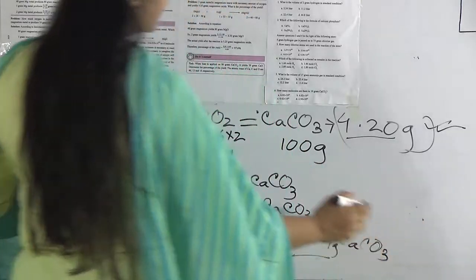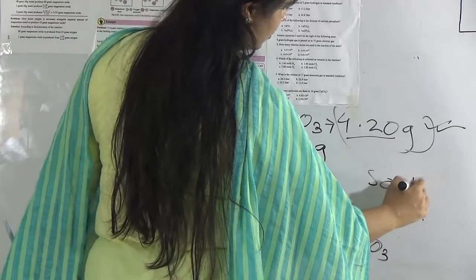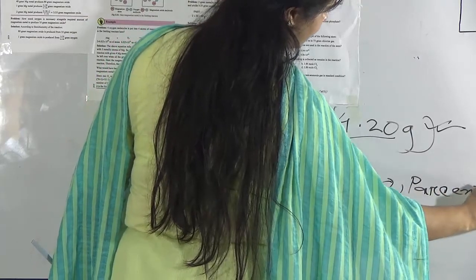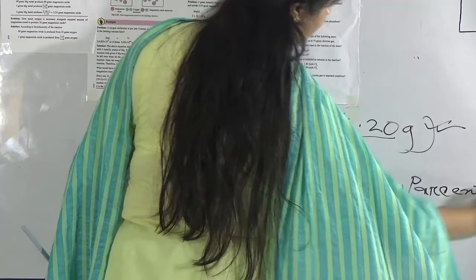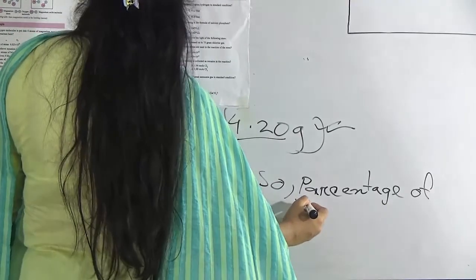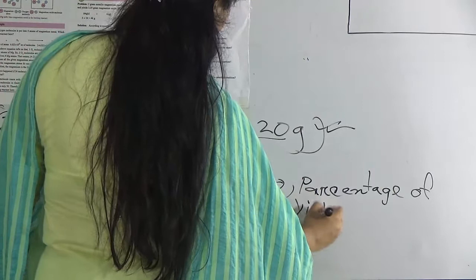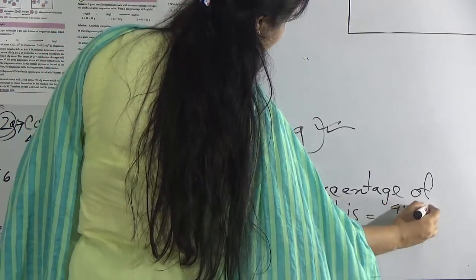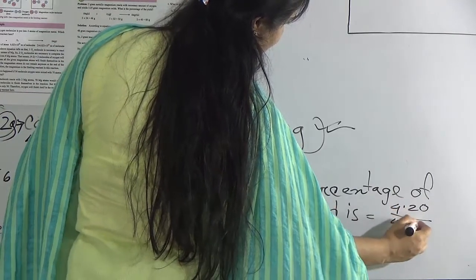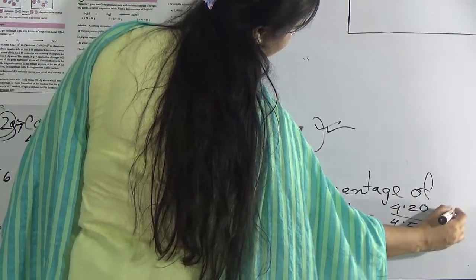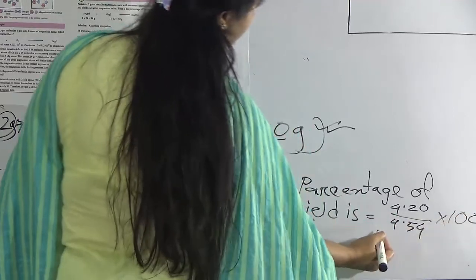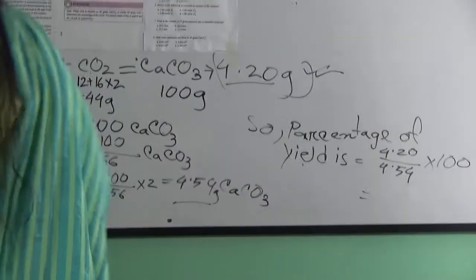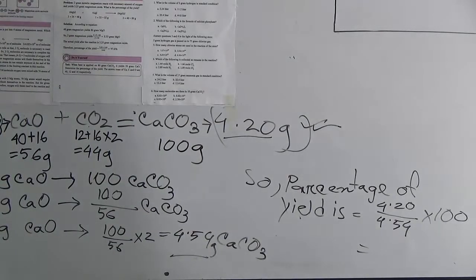So the percentage of yield is equal to 4.20 divided by 4.54 multiplied by 100. If we calculate, we can easily find out the percentage of yield.